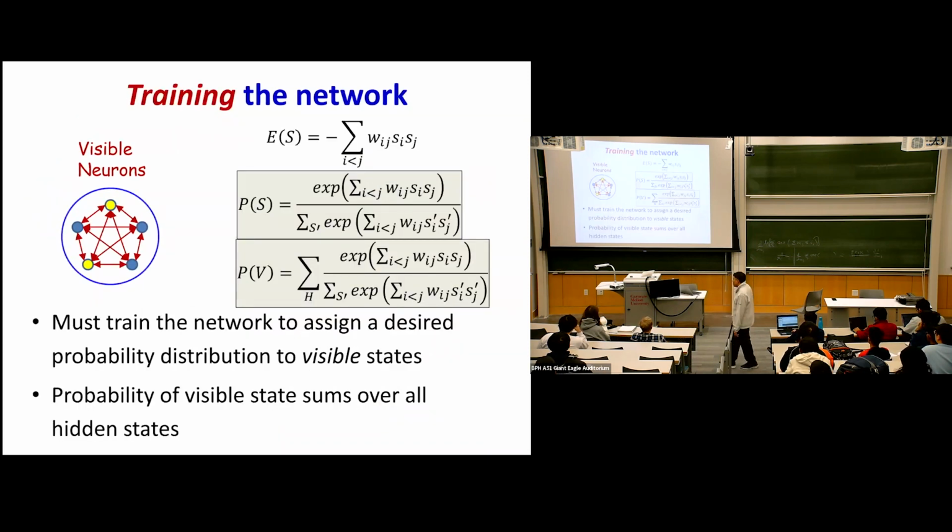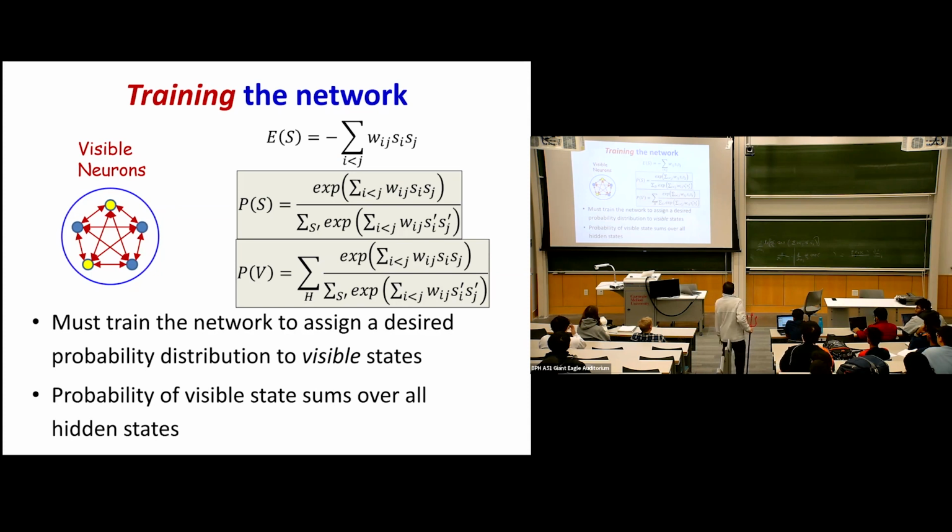So if I go back and look at my network, the probability of S was given by the Boltzmann machine. The probability of V is obtained by summing the probability given by the Boltzmann machine over all values of H, all possible settings of the hidden bits.